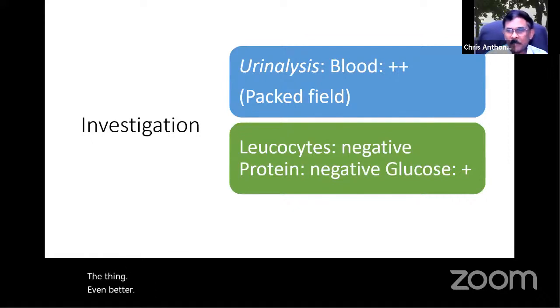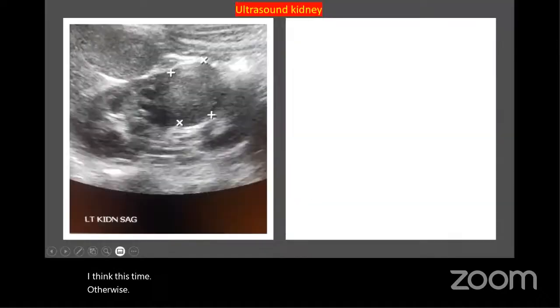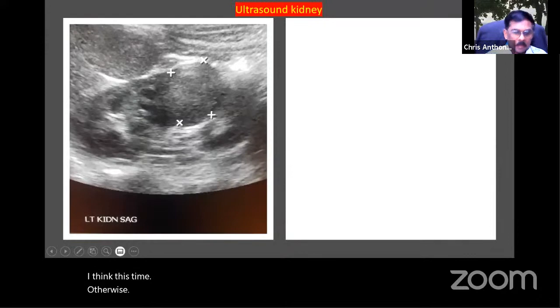So maybe it is not really significant in this patient as far as his diagnosis is concerned. He's a diabetic, so his blood sugar may be high, and then you get glycosuria. So it is not really significant in this particular patient. Otherwise, it is significant.